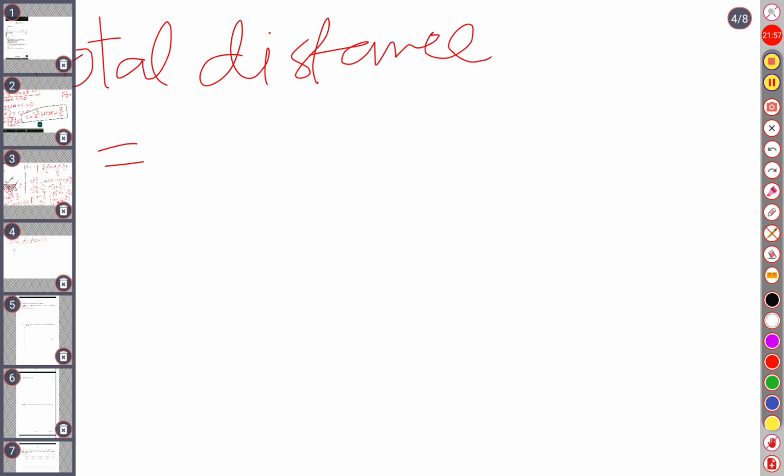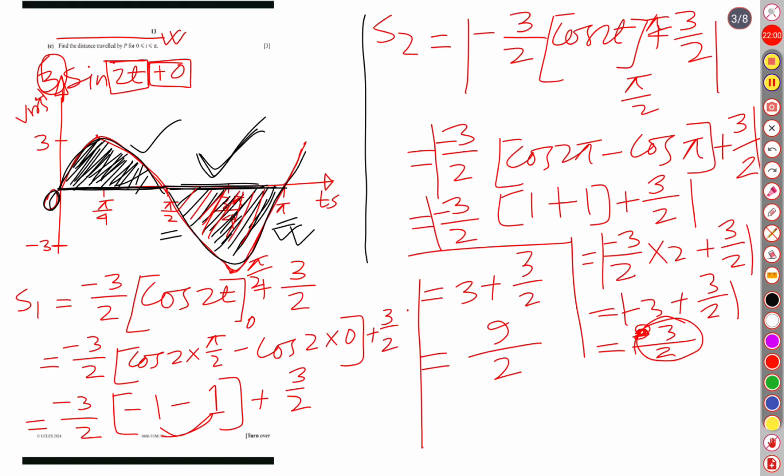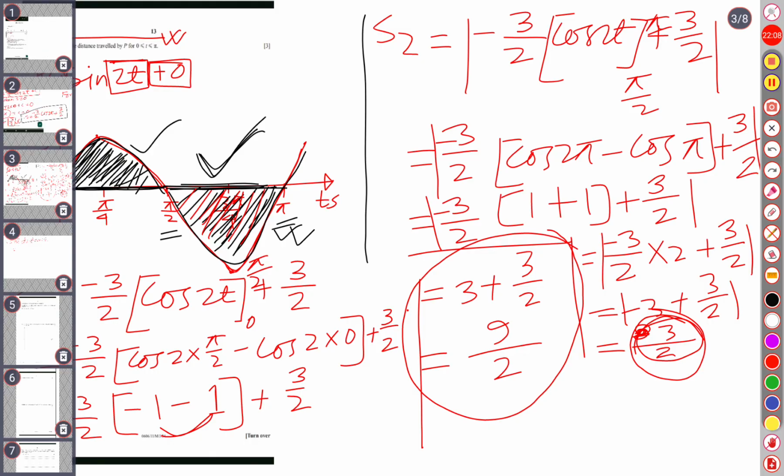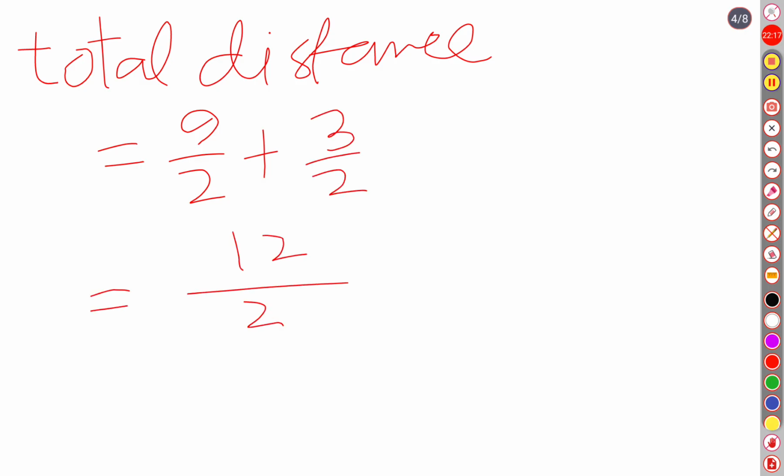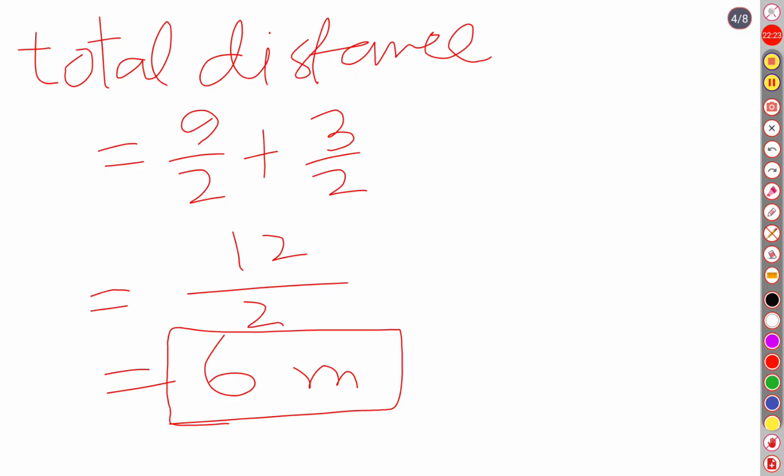Let me see this. The first distance was this, 9 over 2, and the second distance was 3 over 2. 9 over 2 plus 3 over 2. If we simplify, it is going to be 12 over 2, means 6 meters. 6 meters is the total distance covered by the particle.